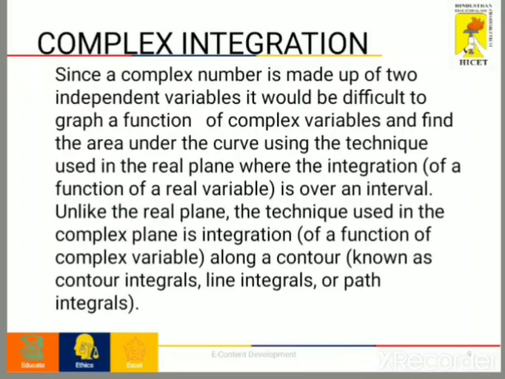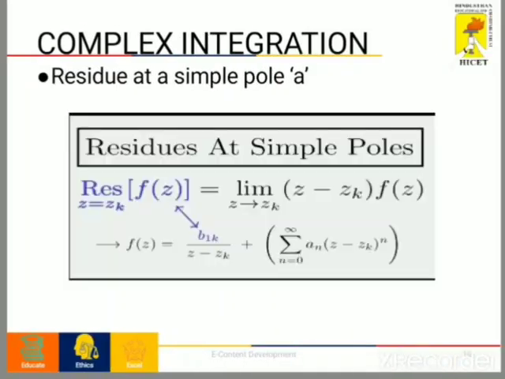Unlike the real plane, the technique used in the complex plane is integration of a function of a complex variable along a contour, known as contour integrals, line integrals or path integrals.